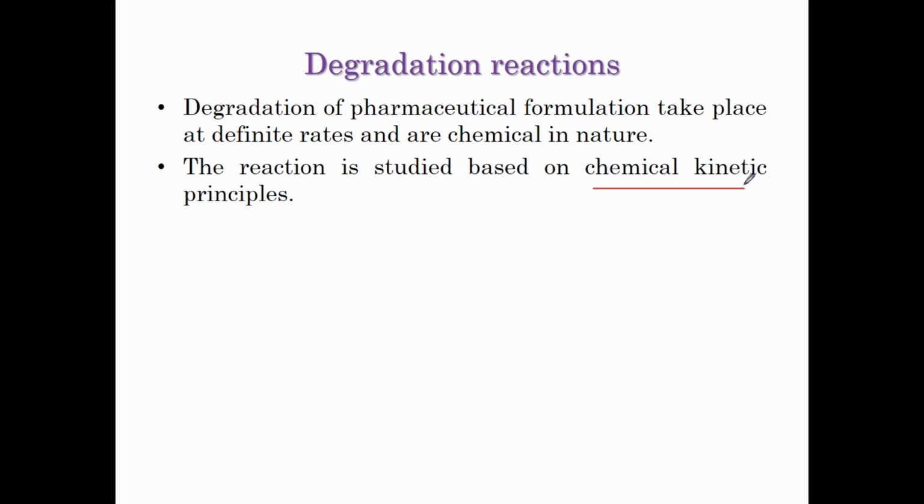All this information will help us to decide the conditions required so that I can minimize the degradation, or even avoid the degradation happening, so that ultimately when the dosage form reaches the customer, till its shelf life, it should be in the intact form. It should be in its original form only. So now how do we decide what I need to change?